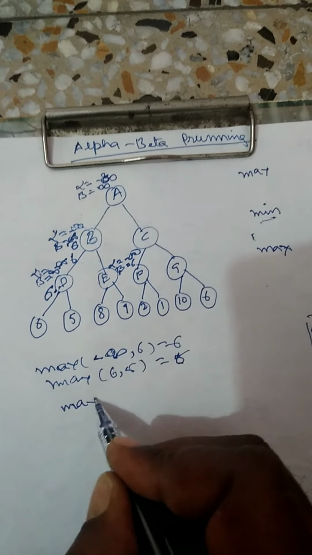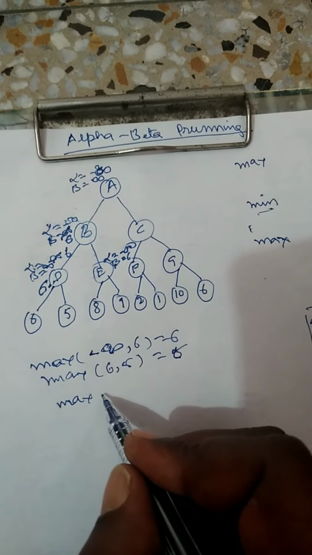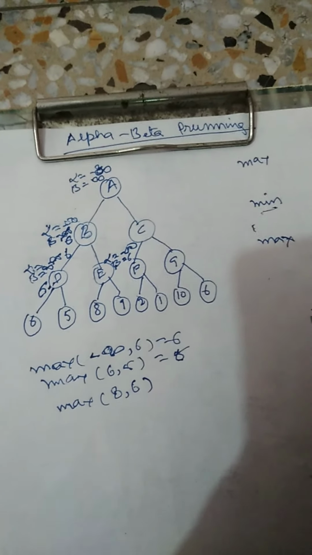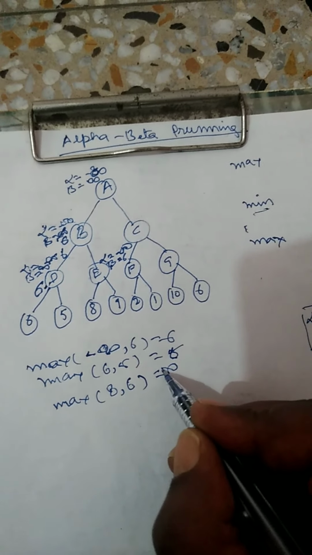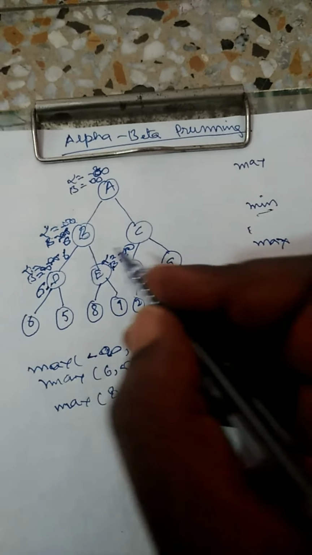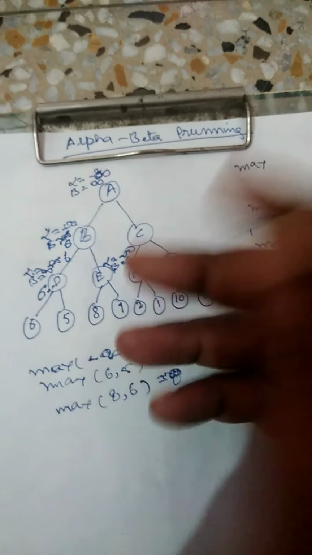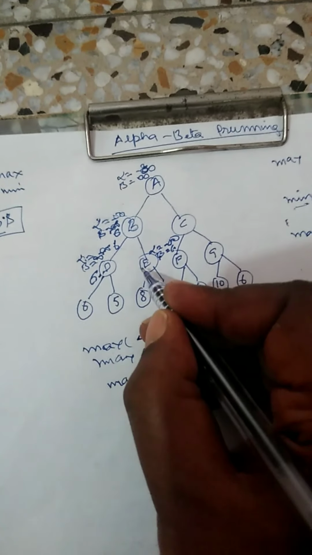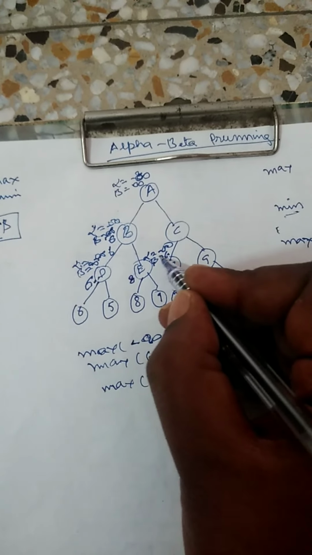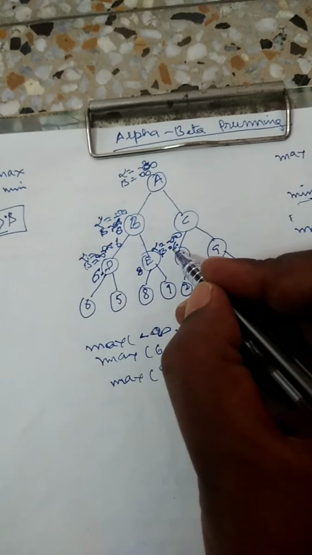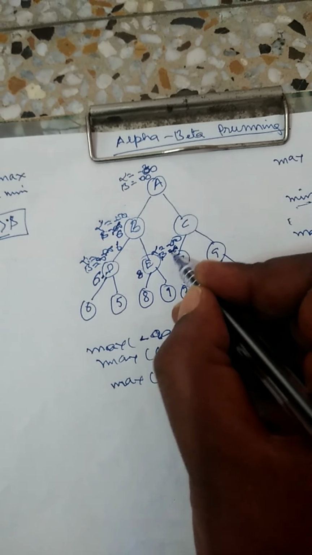Max of 8 and 6 is simply 8. So we write 8 here, and its value comes to be 8.